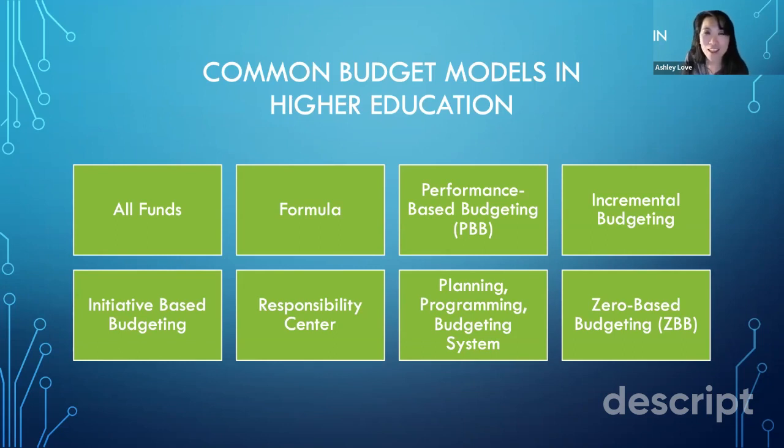I said theoretically it's impossible, but one university that uses zero base budgeting, I believe, is Georgia State, from what I've read so far. Pepperdine University uses the responsibility center model, and University of Texas at Austin uses the activity or initiative based model.